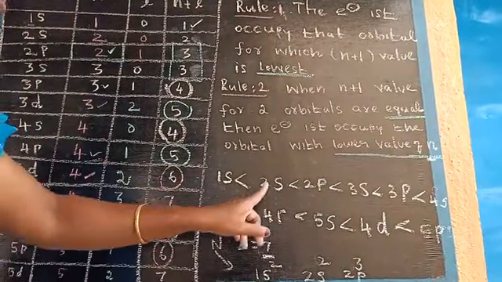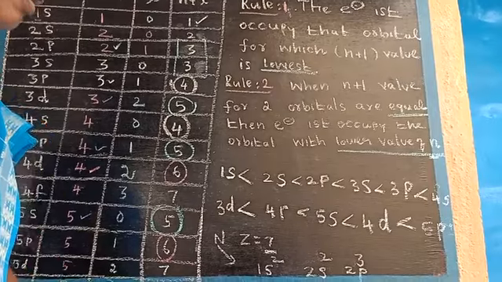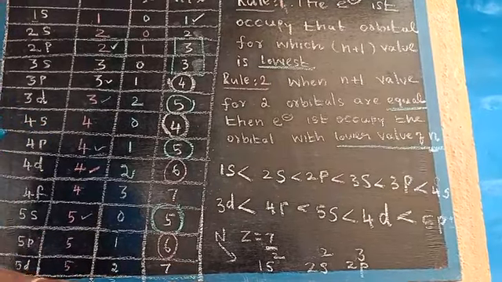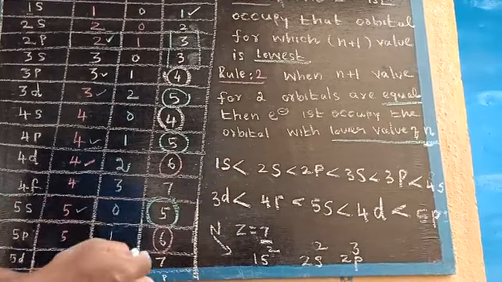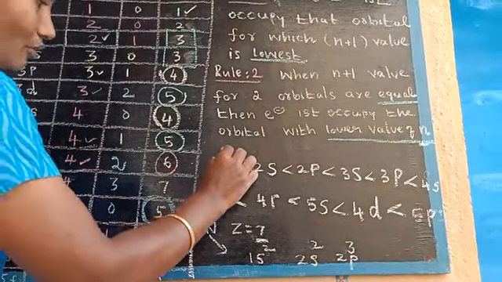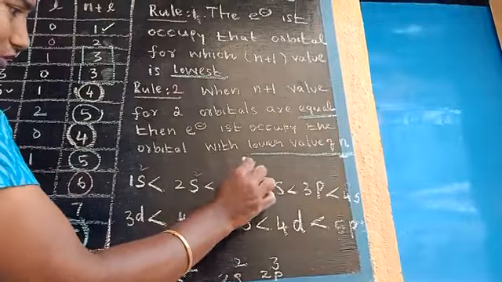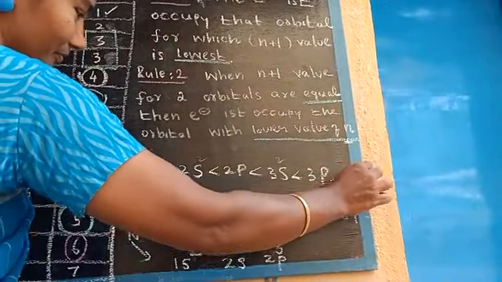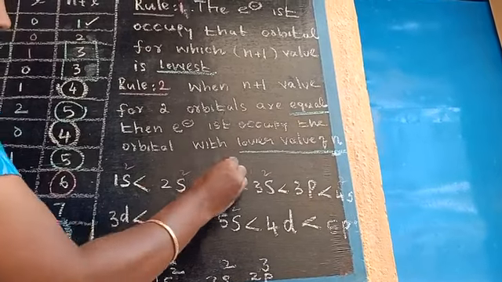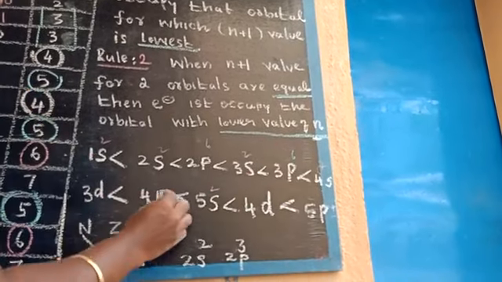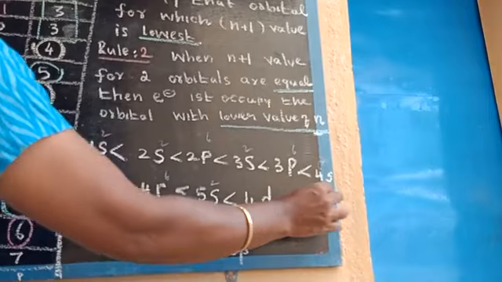So first write 1s, second write 2s, next 2p. So each orbital, how many electrons is it possible? Keep in your mind, s orbital 2 electrons, all the s orbitals 2 electrons. P orbital, how many electrons is it possible? 6 electrons.